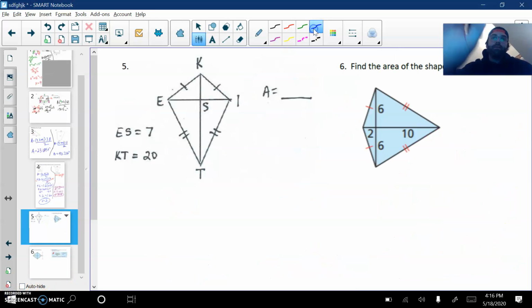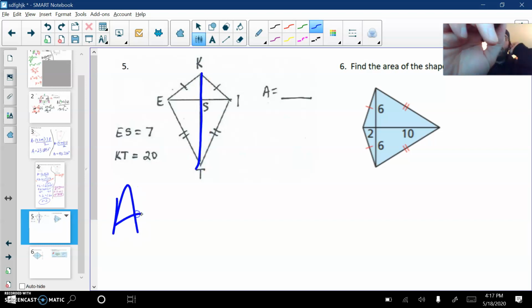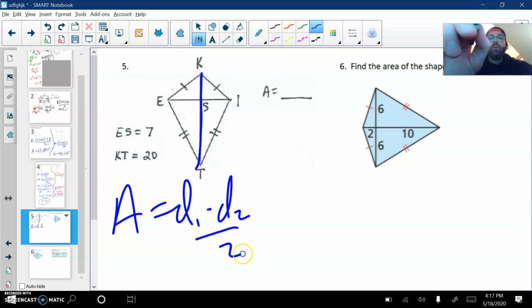Oh, let's talk about number 5 now. Remember this is a kite here, and if KT is 20, remember to find the area of a kite, I do diagonal 1 times diagonal 2 over 2. I know that ES is 7.